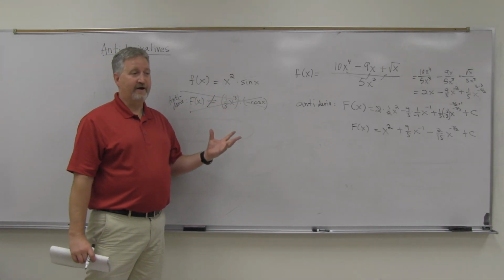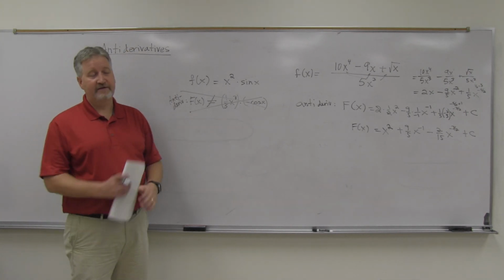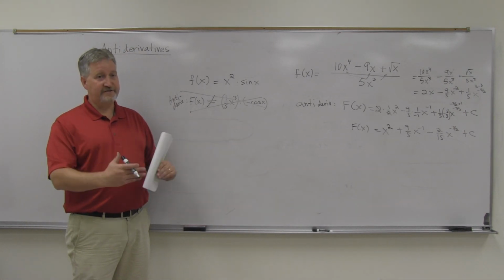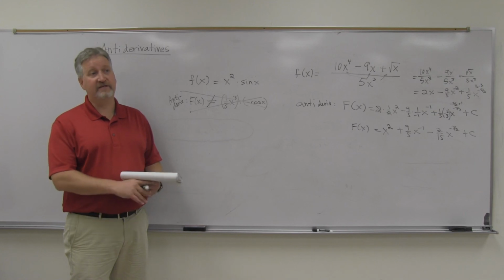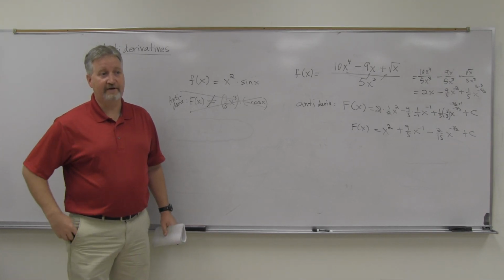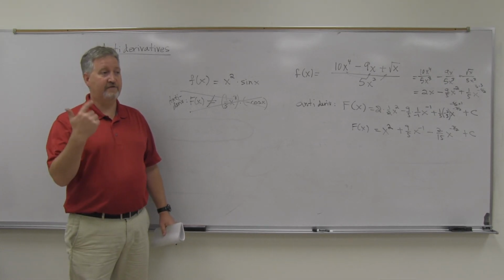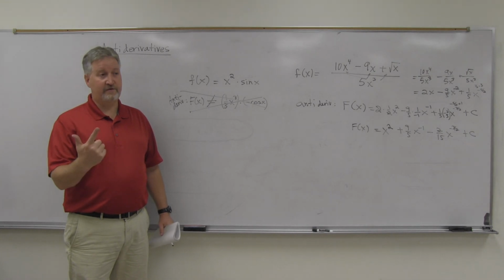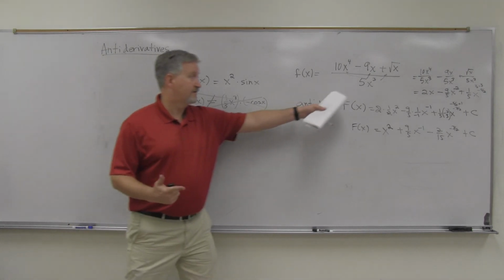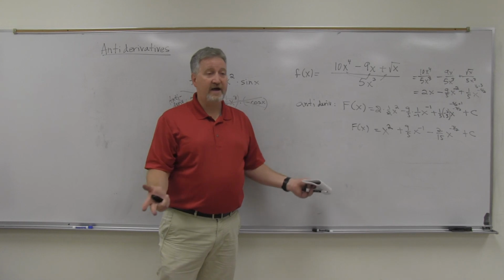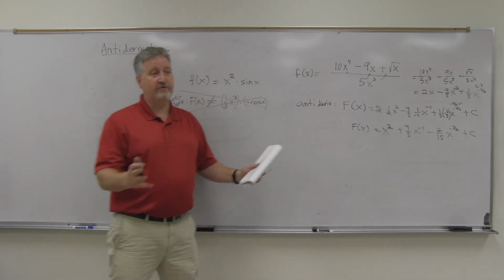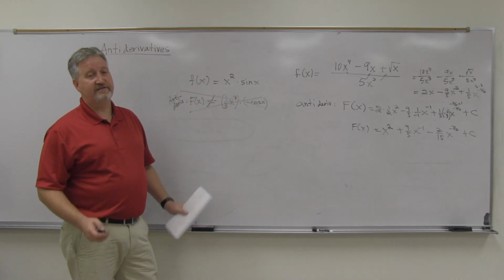That's for sure. Okay. Just like derivatives, multiplication, division, antiderivatives get complicated. Let's just say it that way. Multiplication antiderivatives and division antiderivatives, it gets complicated. Unless you can simplify that, multiply it out, divide it out. Unless you can do one of those two things, it is complicated.